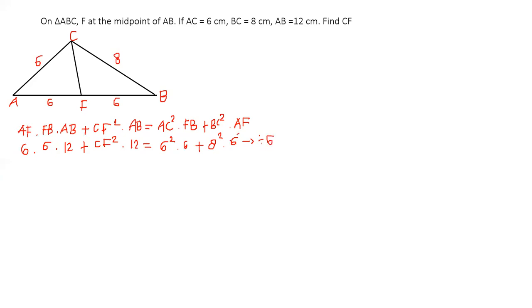Divided by 6 comes 1, and comes 2. It becomes 72 plus 2 CF squared equals 36 plus 64.